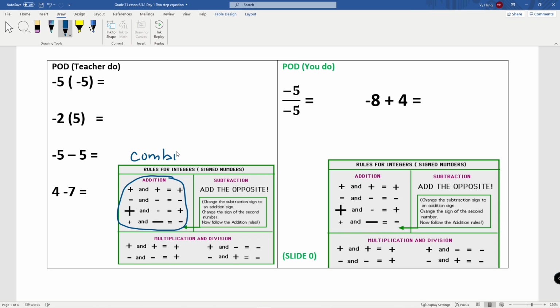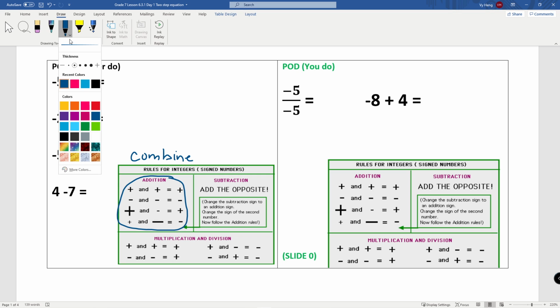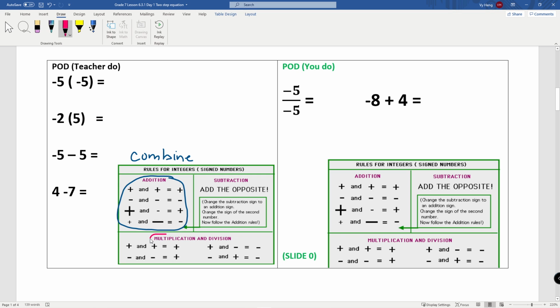This is the section for combining integers. This section here is for multiplication and division. These two are different things. So let me erase this.